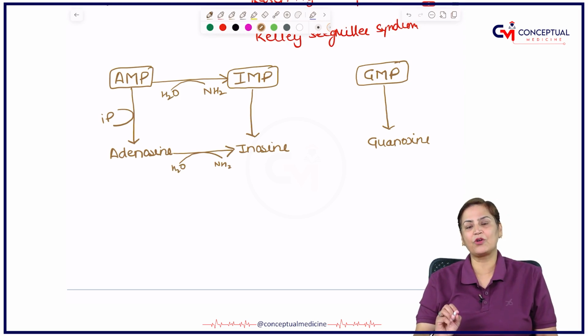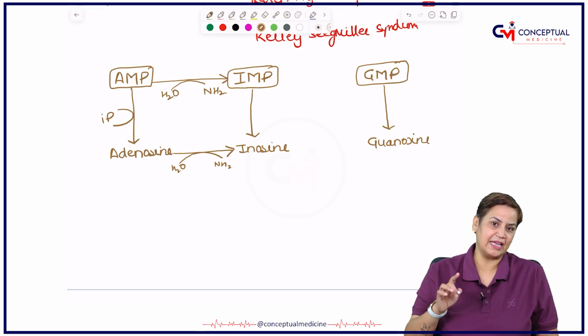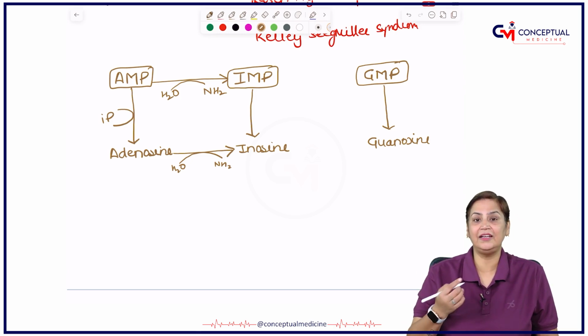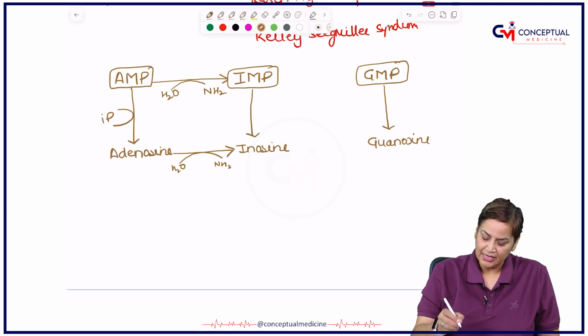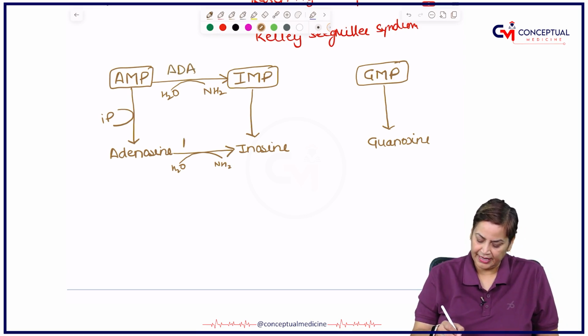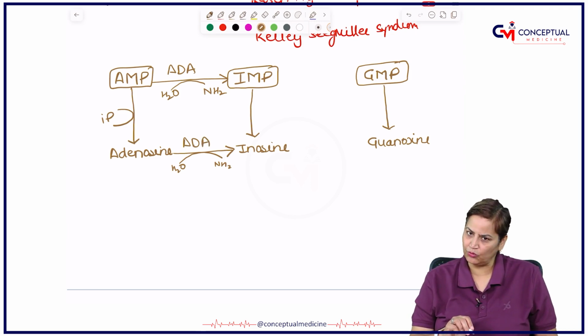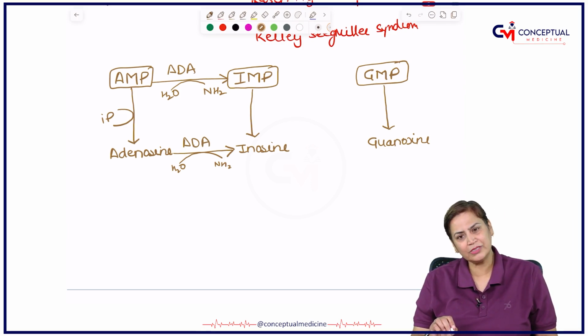And since this process takes place by the removal of the amino group, the enzyme is adenosine deaminase, ADA. So deamination of adenosine monophosphate or adenosine forms inosine monophosphate or inosine.